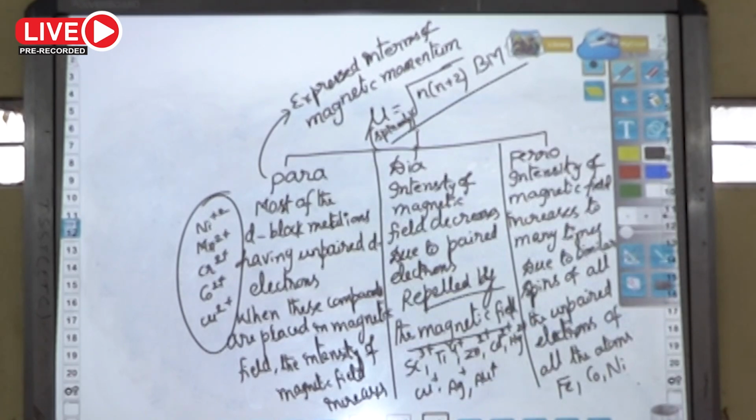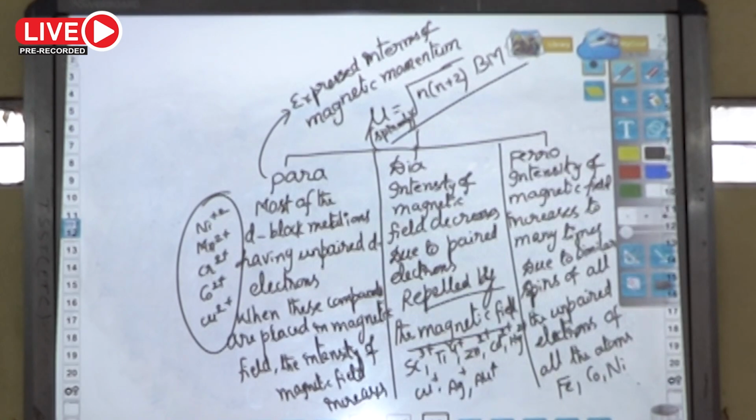But later the scientists developed the practical way of determining the magnetic momentum. And in 3D series, this formula exactly matches the mu values which are determined practically. But in 4D and 5D series, the values obtained by this formula are somewhat less than the actual values.